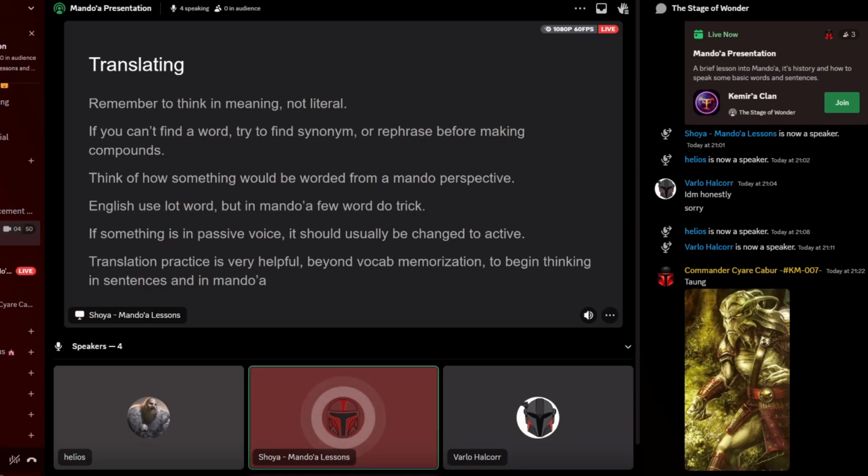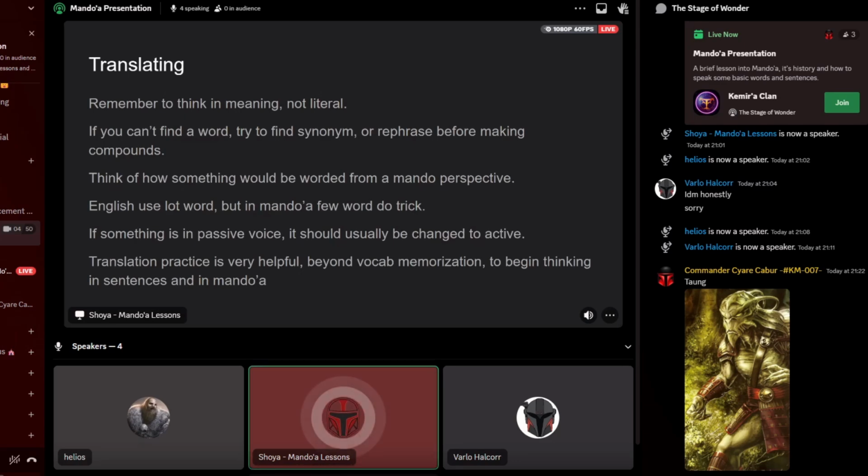So yeah, don't translate literal word for word. Try to find new words before making them. Think of how it might be worded as a Mandalorian. Mandalorians have their own culture, and culture and language are very connected. So look at the Mandalorian phrases instead of English phrases, and try to make something from them in the same mindset.